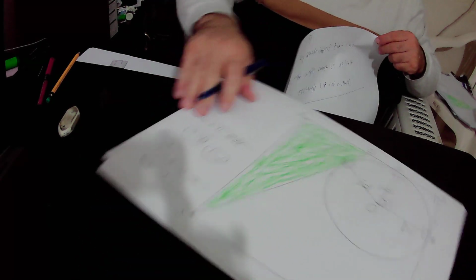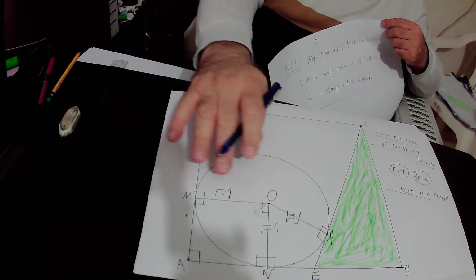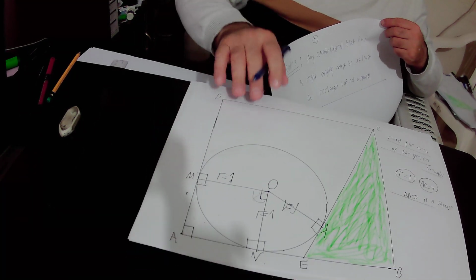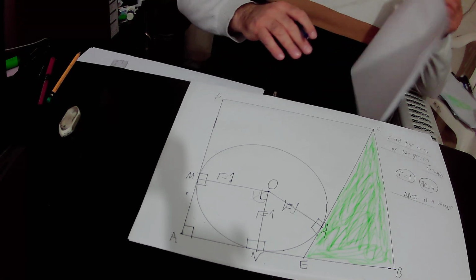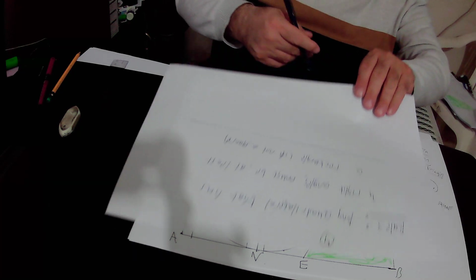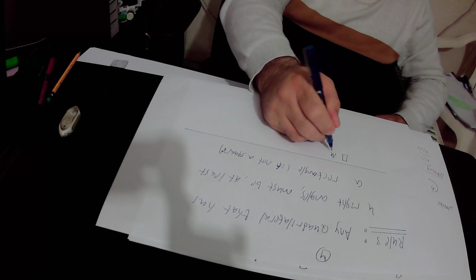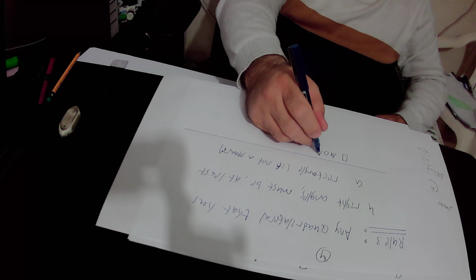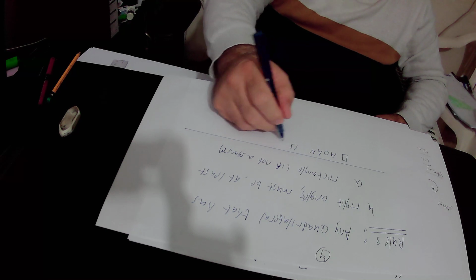So we found out that quadrilateral MOAN has 4 right angles, therefore it must be at least a rectangle, so we will relate to quadrilateral MOAN as a rectangle.